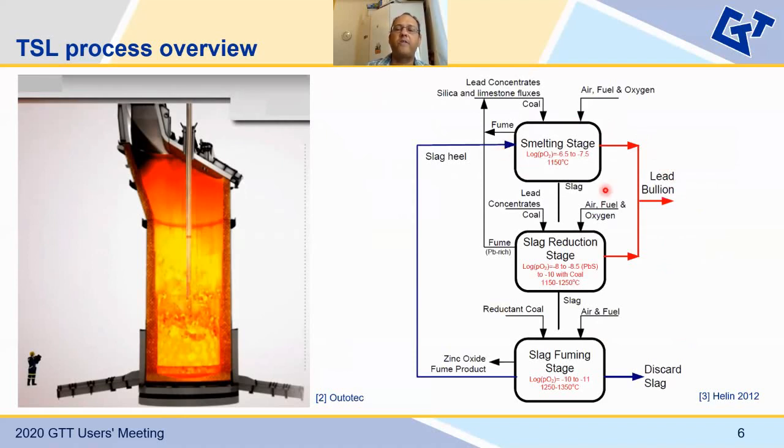In this stage, we are basically converting the lead sulfide, which is contained in the lead concentrate, into slag and into bullion. After this step, the slag will be converted into bullion in the slag reduction stage, but it's not the focus of our work now. Our focus now is only to study, to investigate, and to model this smelting stage.